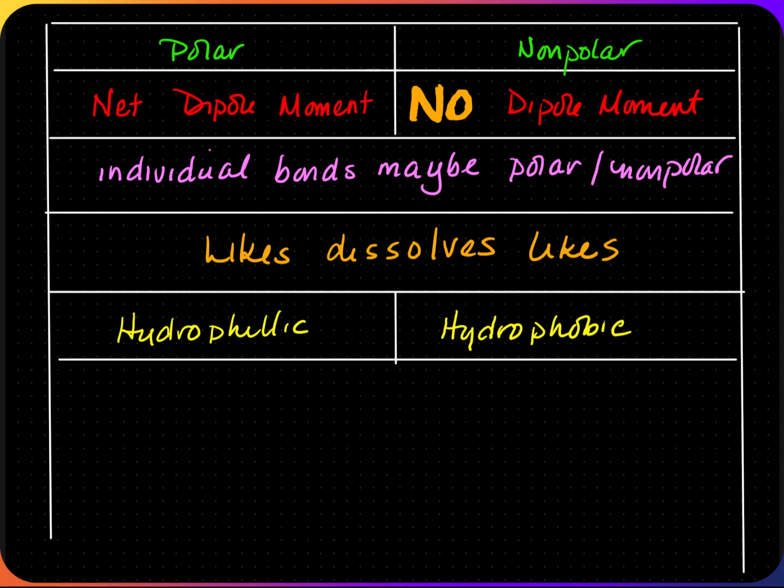So polar versus nonpolar. Polar molecules have a net dipole moment. Nonpolar molecules have no dipole moment. Individual bonds may be polar or nonpolar, and the overall molecule can be polar or nonpolar. And remember, like dissolves like.